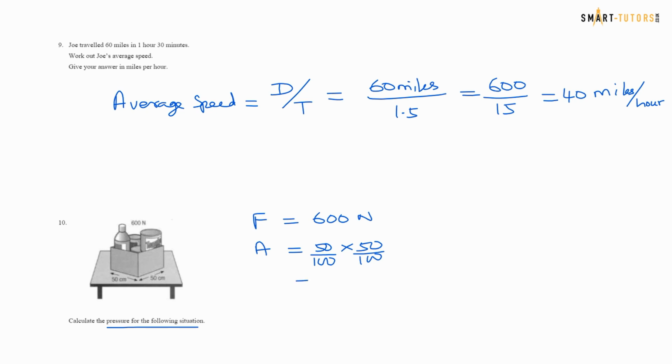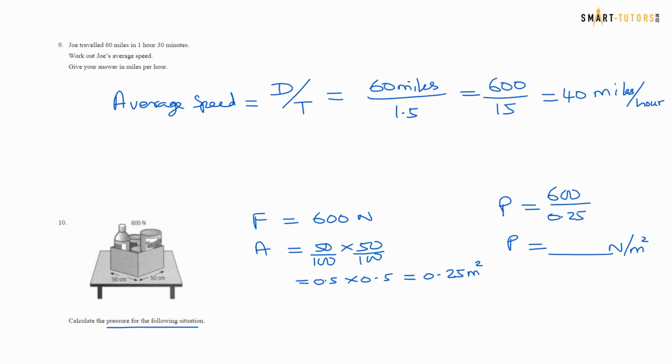This is going to be 0.5 times 0.5. So this will come as 0.25 meter squared. So pressure equals force over 0.25, and the unit is going to be Newton per meter squared.